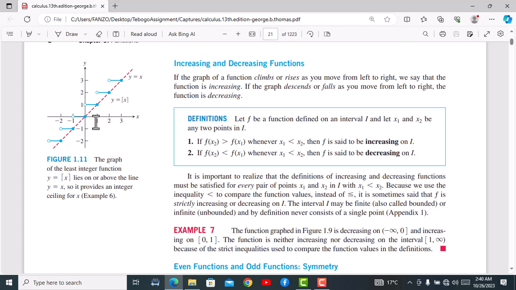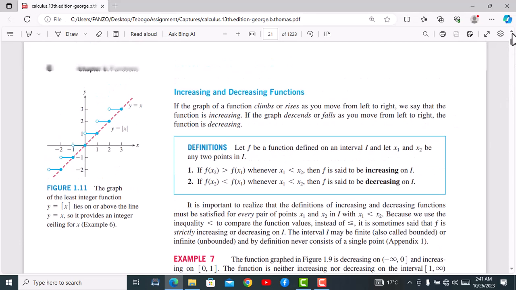For values of x, for example, let's say we have x as 1 and we have y equals x, so it lies on that side. And this time, look what it does. If we have 2, it points to a lower value. If we have 3, it points to a lower value. If we have 0, it points to -1, -1, -2, -2 to -3.